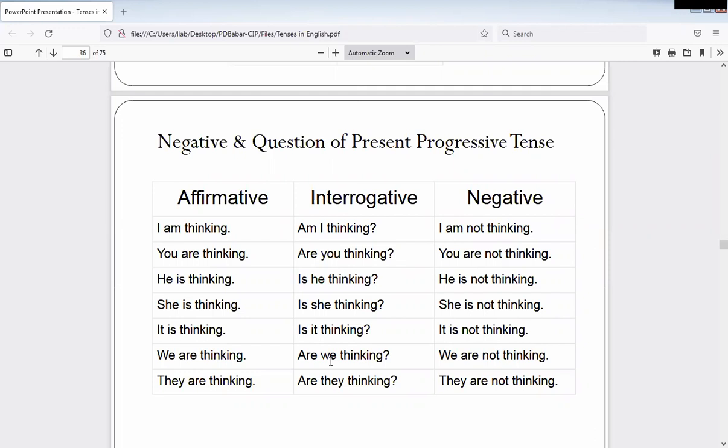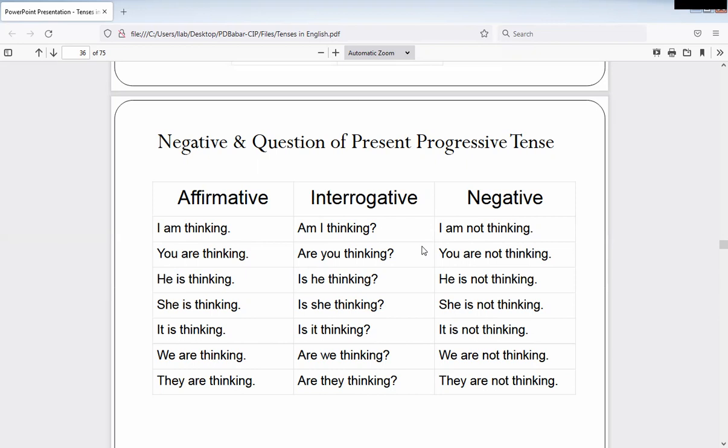I'm thinking, I'm not thinking. If I'm thinking is the affirmative form, its negative form will be I am not thinking, and its interrogative will be am I thinking?